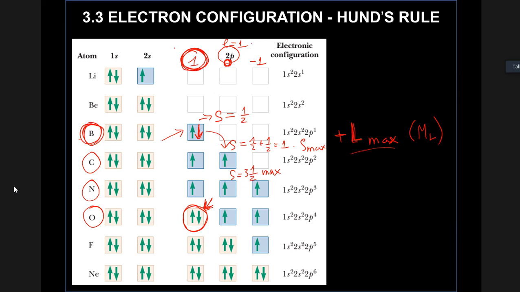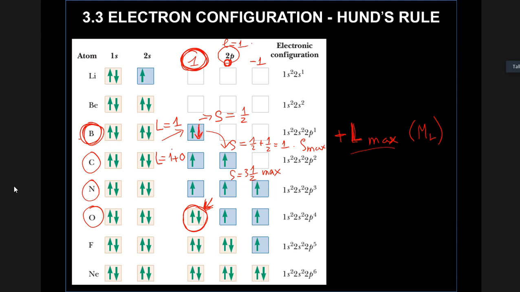So that's L in this case maximum. L in this case equal to 1. Secondly, when you have two electrons in carbon, L in this case equal to 1 plus 0.